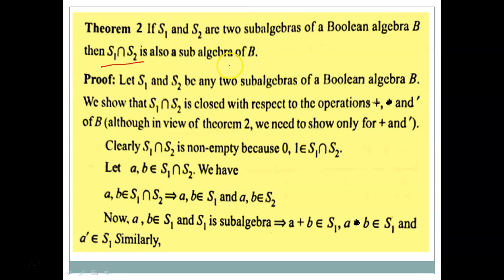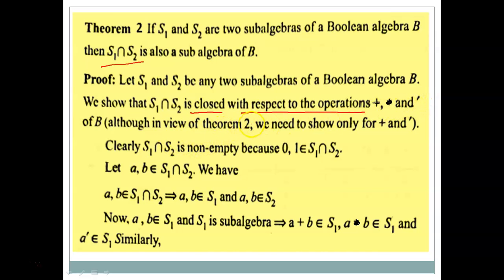So here we can proceed in the way given in theorem number 1. Let S1 and S2 be any two subalgebras of Boolean algebra B. We show that S1 intersection S2 is closed, according to theorem 1, with respect to the operations plus, dot, and complement.